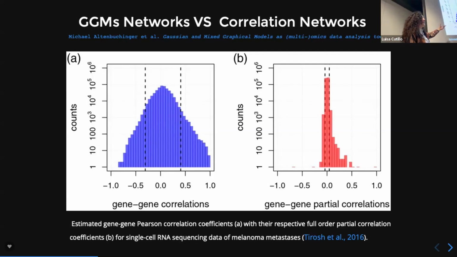It suggests independence. However, a high correlation is not a strong indicator of dependency. The other way around, a high partial correlation is a strong indicator of dependency. Okay, so that's the property we want to exploit.